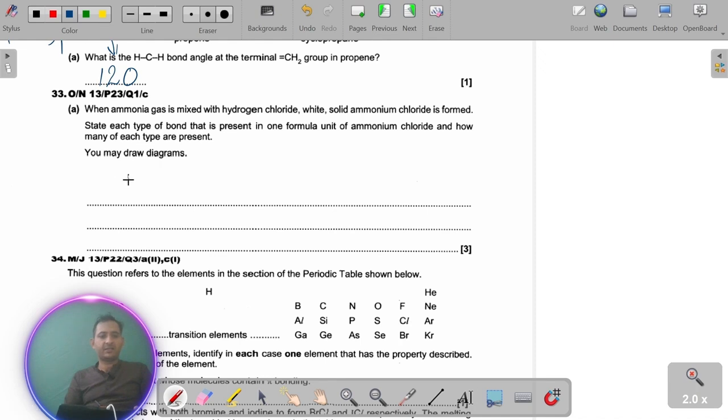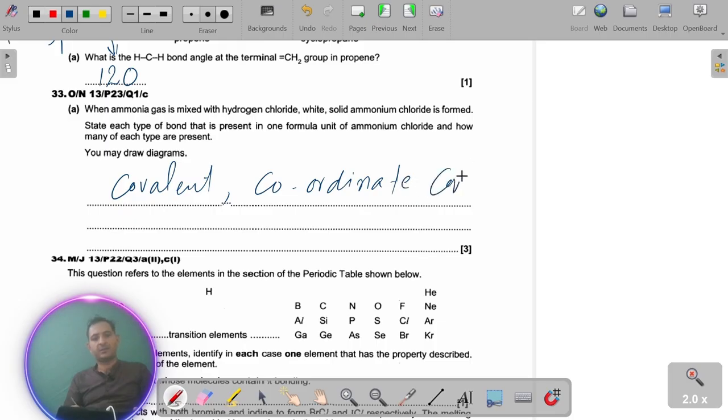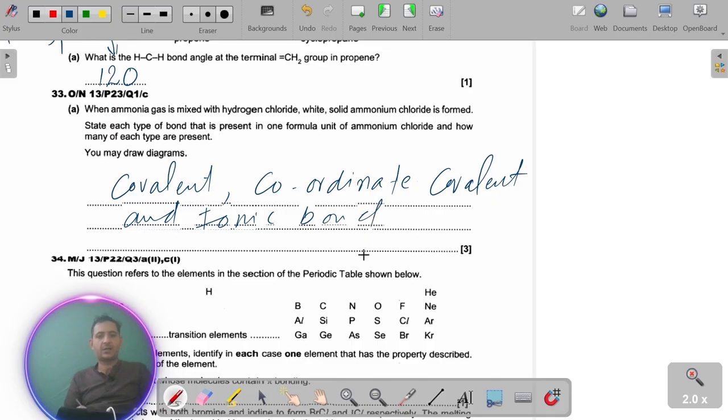You know this: covalent, coordinate covalent, and ionic bond. How?